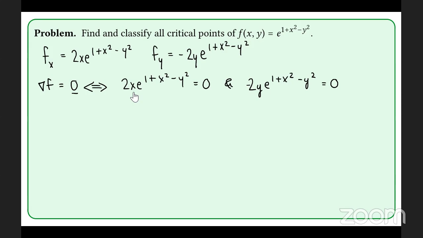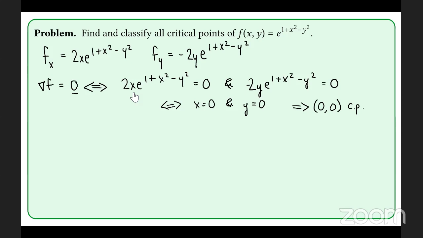And so the only thing that could make these 0 is x or y, right? So this guy equals 0, and that guy equals 0 if and only if x equals 0 and y equals 0. That tells us that 0, 0 is the only critical point. Right?